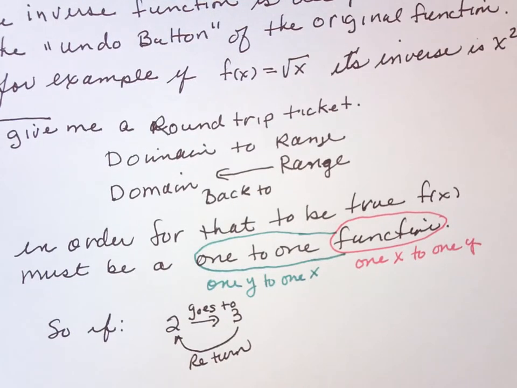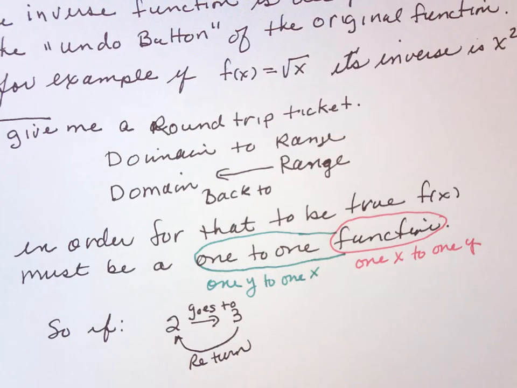You've got to end up where you started out. That's what a 1-to-1 function does. And that 3 cannot go to any other number. It is 1-to-1. 1x to 1y, 1y to 1x. It literally is the round trip ticket. No intermediate stops anyplace else.